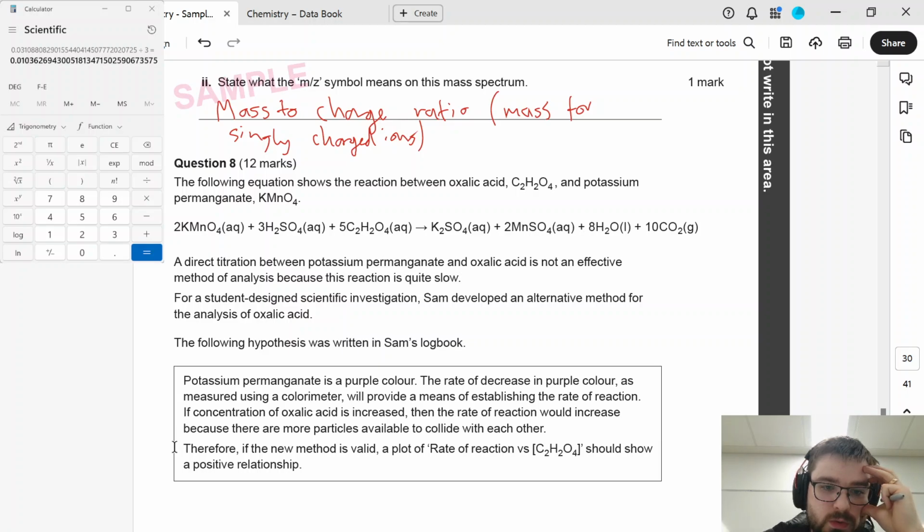Therefore the new method is valid. A plot of rate of reaction versus oxalic acid should show a positive relationship.